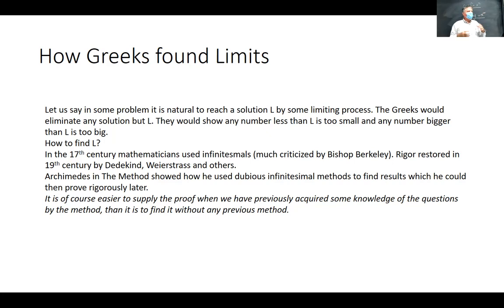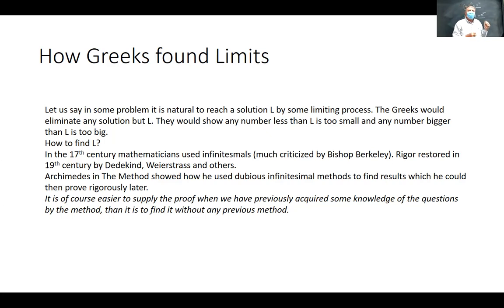And he would then go and use rigorous straightedge and compass methods to prove that. But the way that he came up with what the volume of a sphere was, he knew by using these kinds of non-rigorous methods. And so this is a really fascinating work.